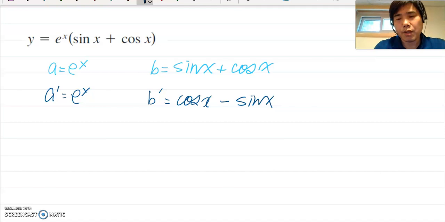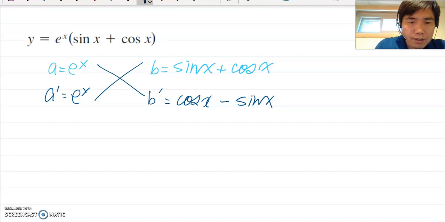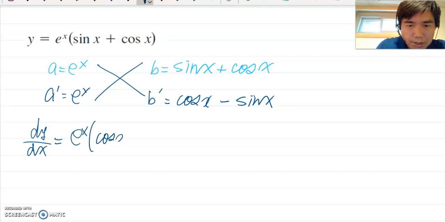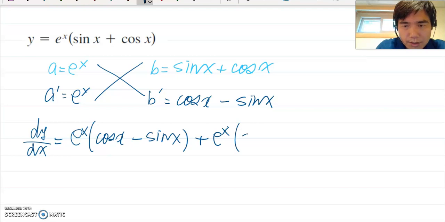So last time we confirmed that for the C family, the trigonometry C family, if you take the derivative, then we always get a negative sign. Now cross multiply, then dy over dx becomes e to the x times cosine x minus sine x, plus e to the x times sine x plus cosine x.